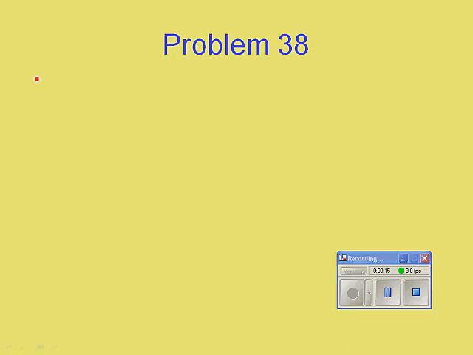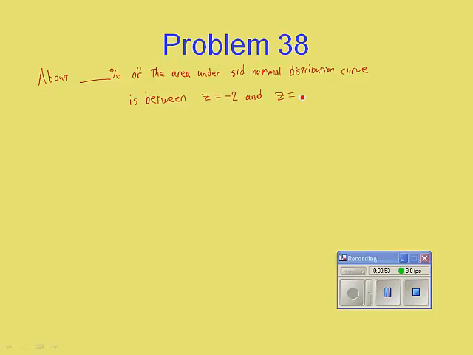It says about blank percent of the area under the standard normal distribution curve is between z equals negative 2 and z equals 2.